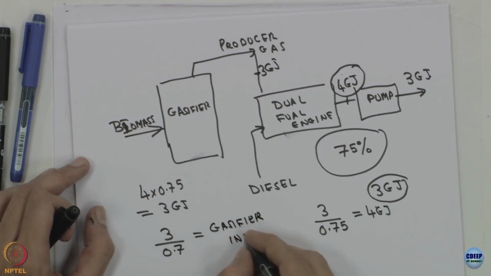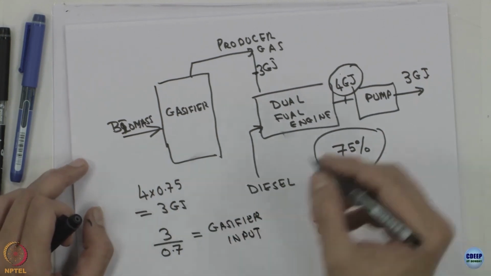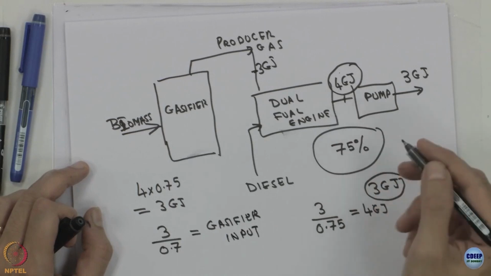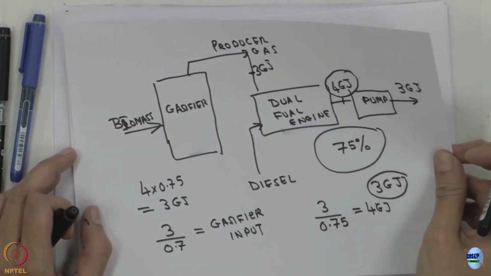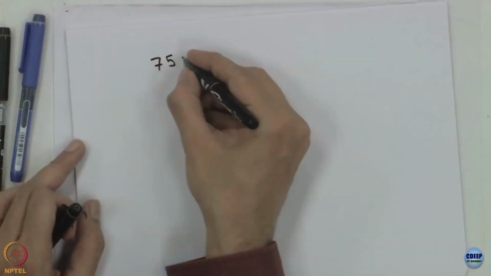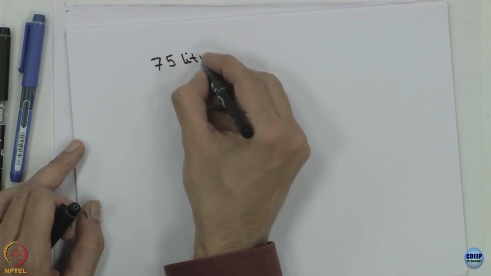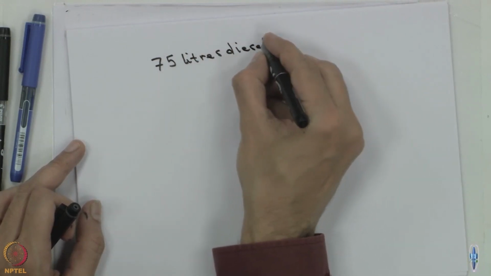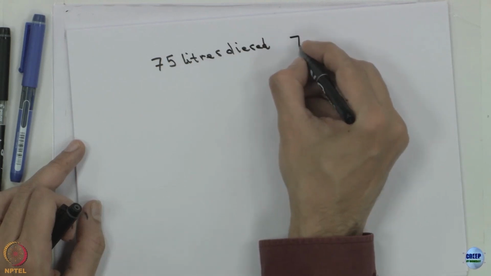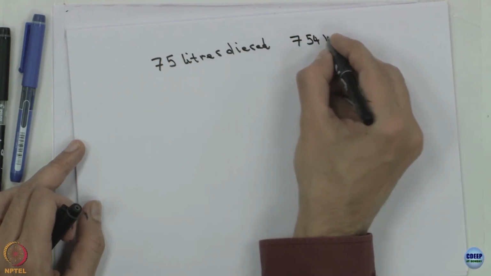We can then divide this by the calorific value of the biomass and get a certain amount of biomass. You can cross check these numbers. In this case we have 75 liters of diesel. Remember, we earlier had 290 liters of diesel, and this is 754 kgs of biomass.